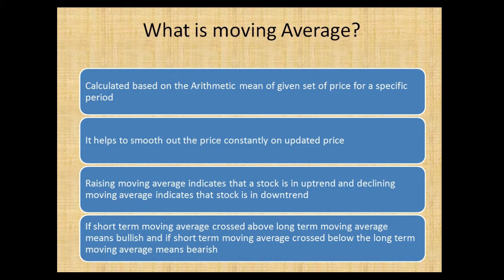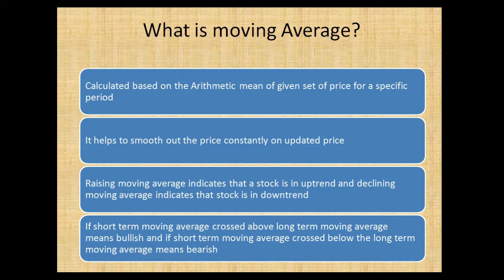So first of all, what is meant by moving average? Moving average is nothing but the arithmetic mean, calculated based on a set of prices for a specific period. That is the basic definition of a moving average: arithmetic mean of a given set of prices for a specific period.